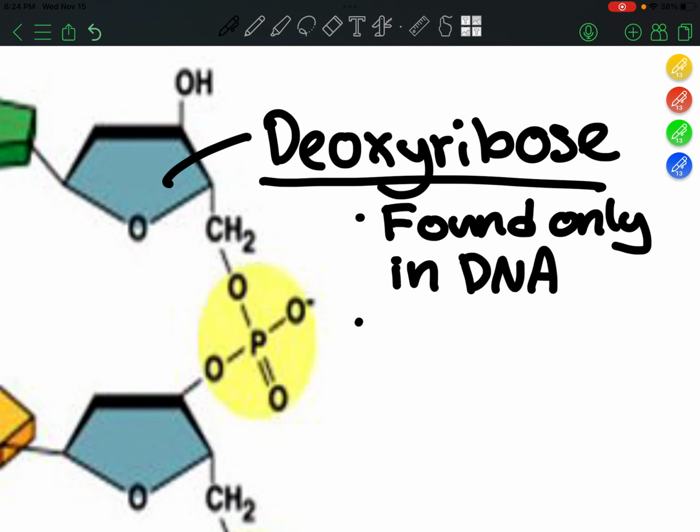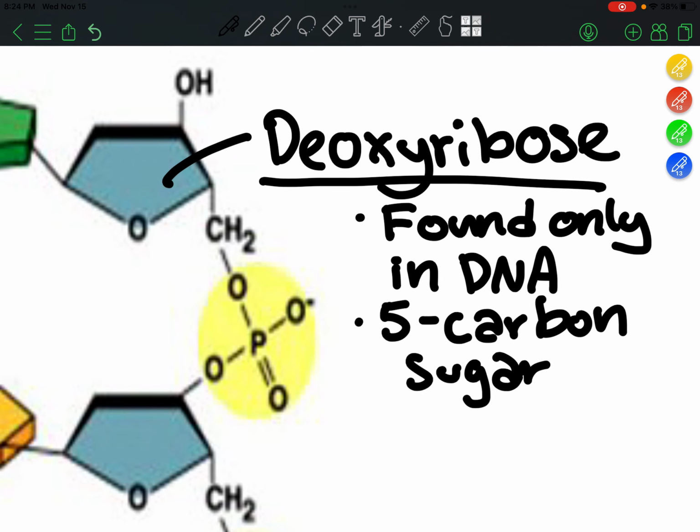It has 5 carbons, so you can call it a 5-carbon sugar. And how do I know this? You see every point here? Call that a C, a C, a C, a C, and C. Count how many C's there are: 1, 2, 3, 4, 5. It's a 5-carbon sugar. Just look at the shape and you can easily determine. For example, glucose is a hexagon shape, so you would call it a 6-carbon sugar.